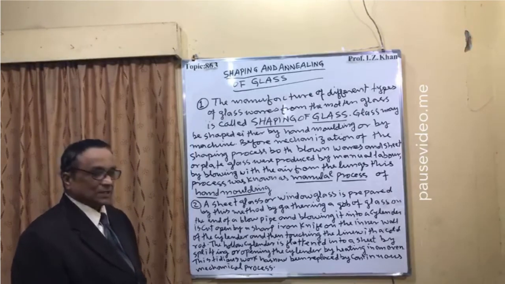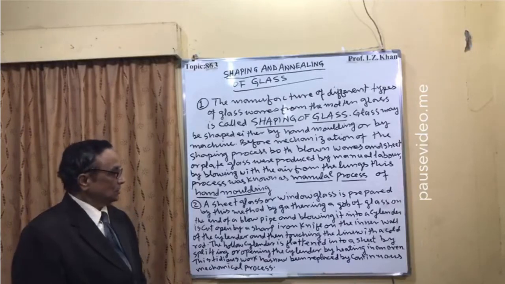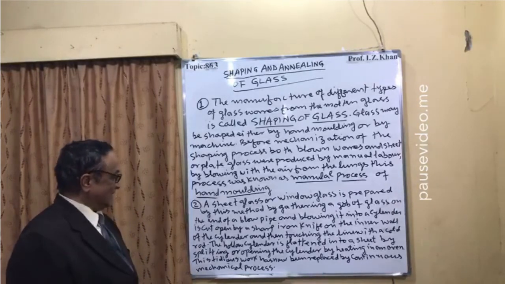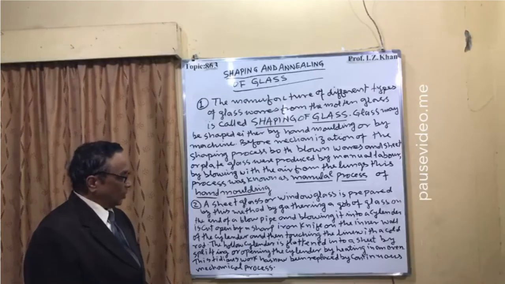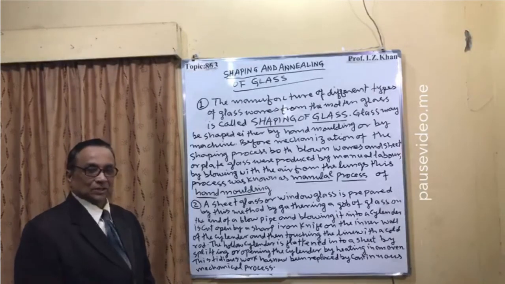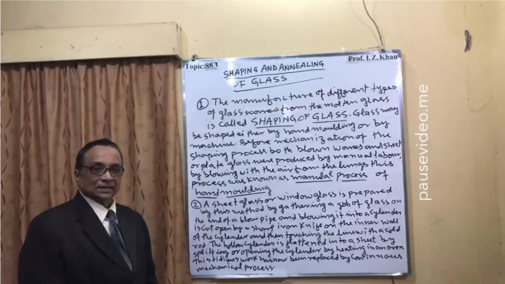By this process it is converted into a sheet. This tedious work has now been replaced by a continuous mechanical process. So all these things are now done by mechanical process.